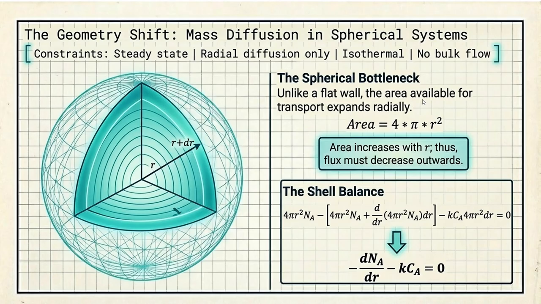Unlike a flat wall, the area available for transport expands rapidly because we have assumed radial diffusion. So the amount of area for diffusion will increase radially outwards, and it will increase with r raised to the power 2. So surface area for diffusion would be 4 pi r square, and area increases with r, thus flux must decrease outwards.